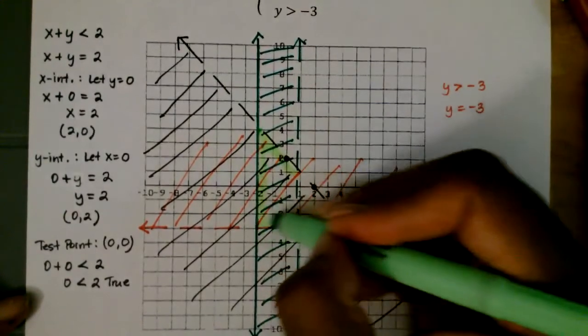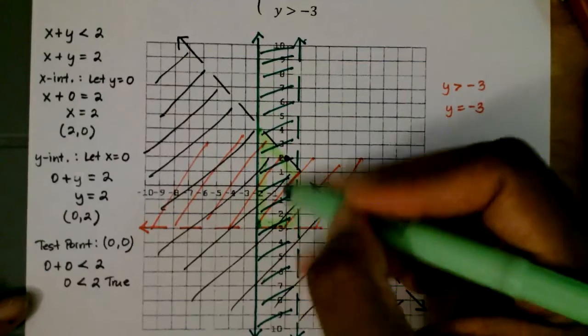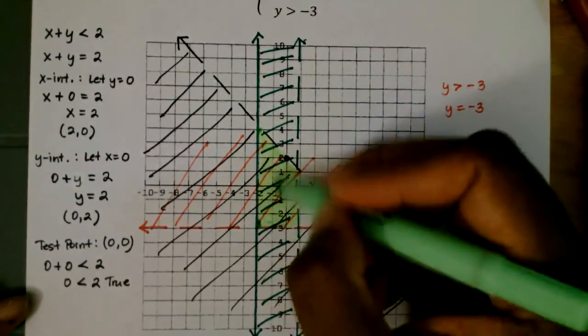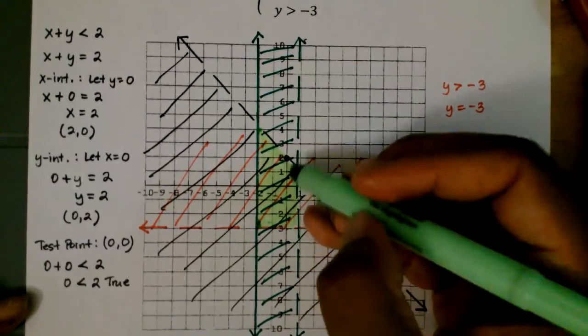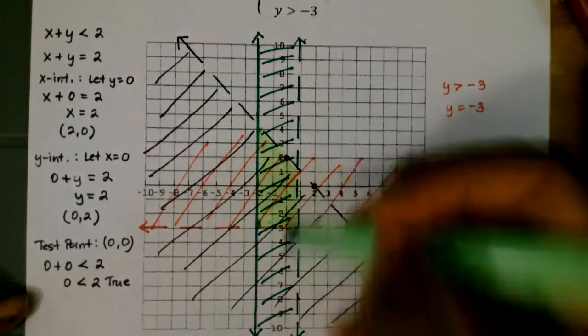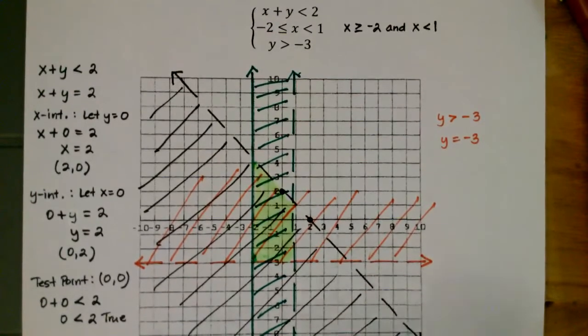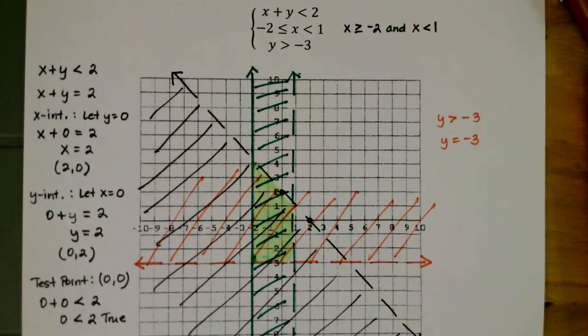Here, all the way to here, and on the right side. And I will shade that region. So that would be that region that satisfies all 3 inequalities.